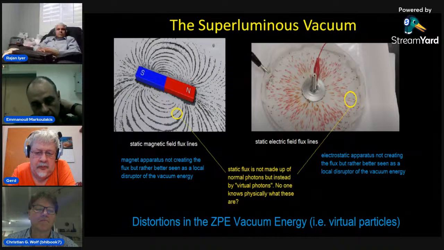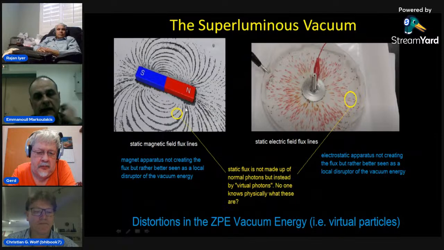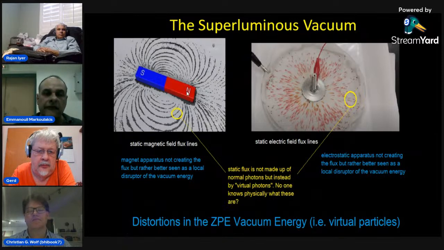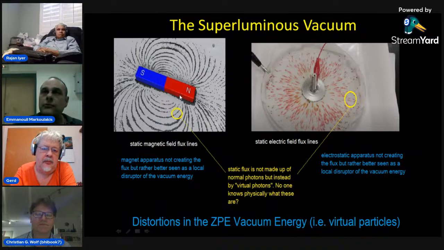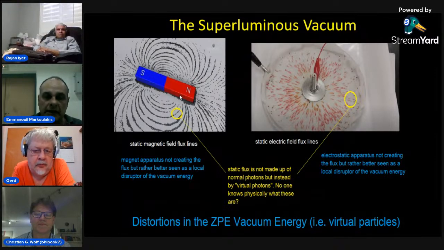The other thing I said in the first slides is that instead of saying, classically, that the magnet is creating the field, the flux, in space, we can see it in a different way: that the magnet is not creating the flux, but it acts like a disruptor of the vacuum energy.